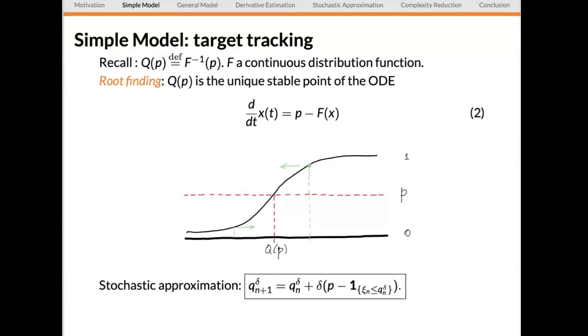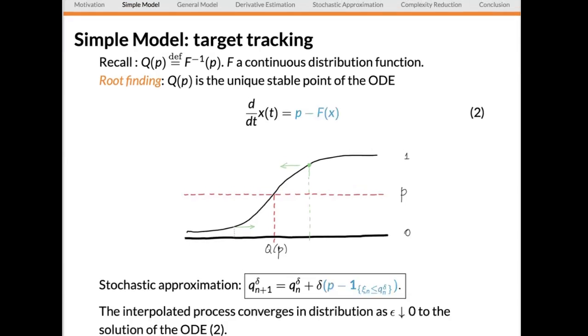And this is the Euler approximation to that with stochastic observation, because the expected value of the indicator function is the distribution function. So this is basically mimicking that equation in the stochastic approximation. And the interpolated process, again, converges in distribution to the solution of that ODE, so everything is fine.